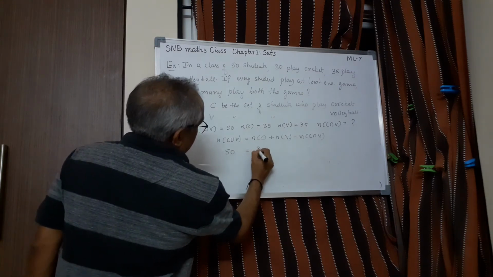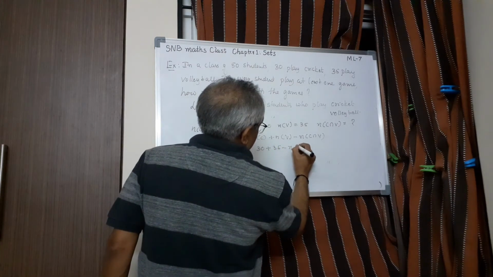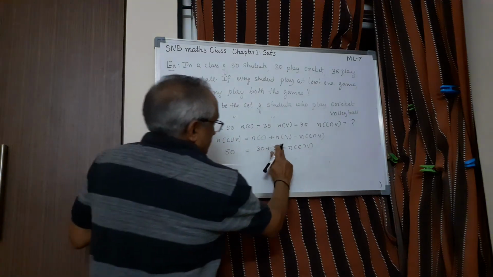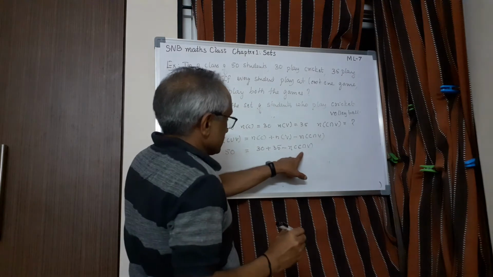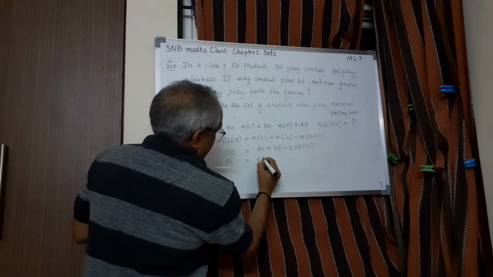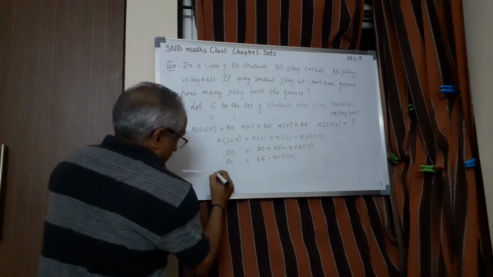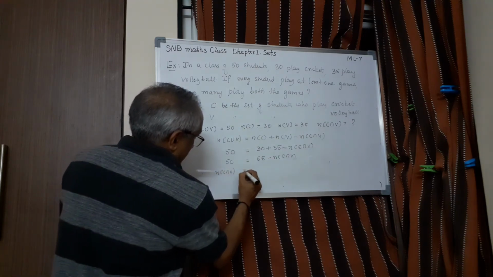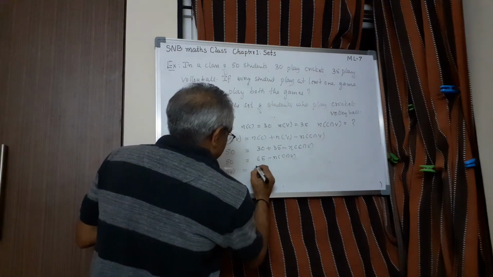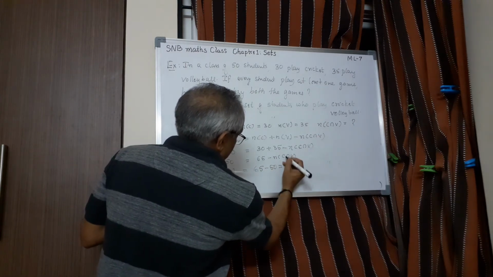This will be equal to 30 plus 35 minus number of C intersection V. So what is required is C intersection V. So you can say 50 equal to 65 minus number of C intersection V. Therefore, number of C intersection V will be equal to, we can take this to the left hand side, so minus becomes plus here, and here 65 minus 50, which is 15.